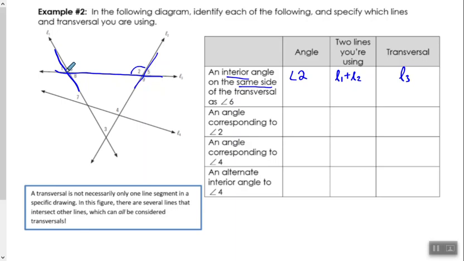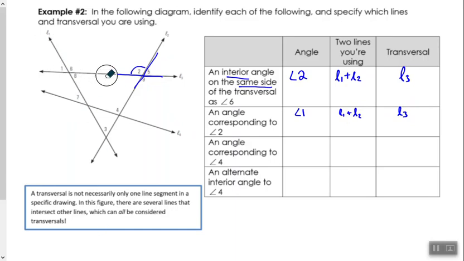So this intersection, top left, is going to be angle 1. So, and I'm going to ask you to write a little bit smaller because there's going to be a couple options here, or a few. So angle 1 is corresponding to angle 2, and that's when I'm using line 1 and line 2 as my lines. Line 1 and line 2, with line 3 as my transversal.